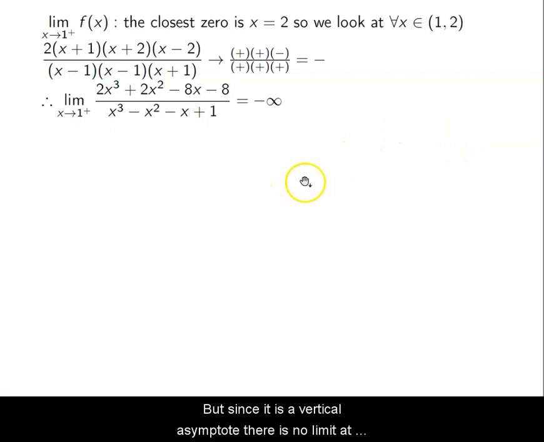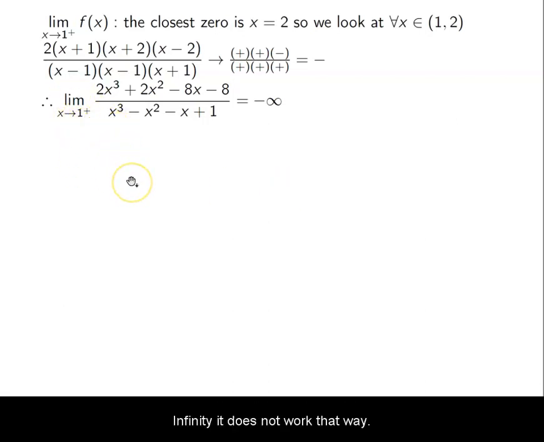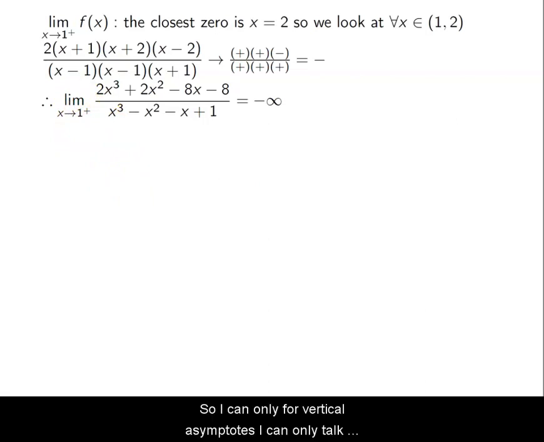But since it is a vertical asymptote, there is no limit at that value. I can only talk about the left-hand limit and the right-hand limit. Even though they agree, that does not mean that the limit as x goes to 1 is negative infinity. It does not work that way. For vertical asymptotes, I can only talk about what's happening from the left and from the right, not at that point.